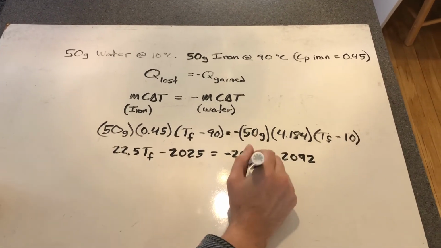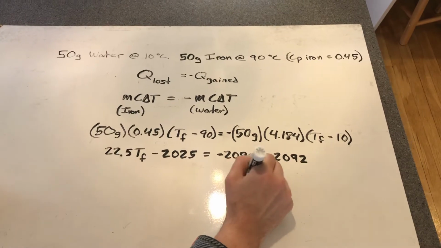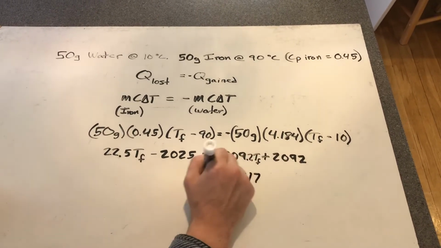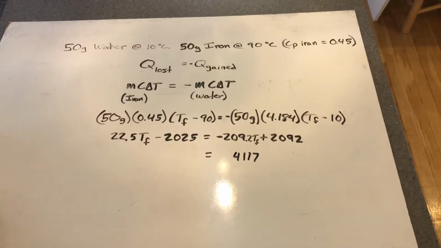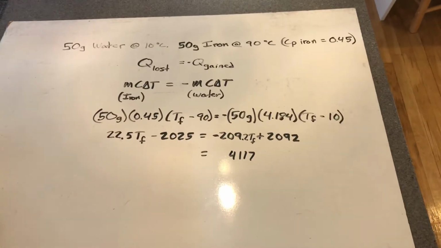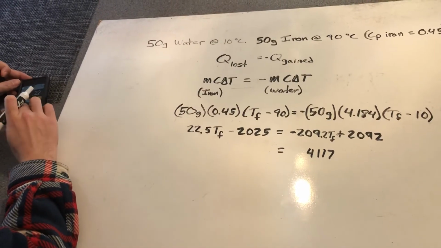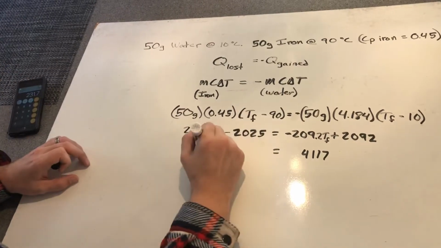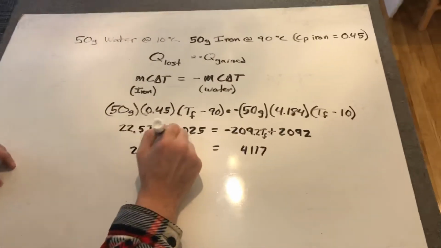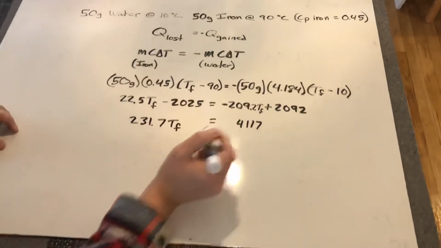So we're going to get 4117 on this side of the equal sign. And we're going to get 231.7 TF on this side of the equal sign.